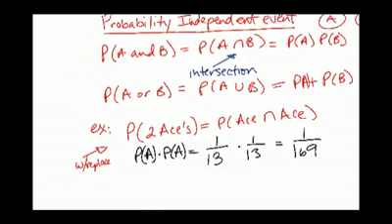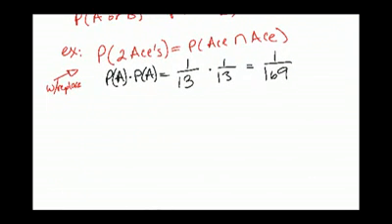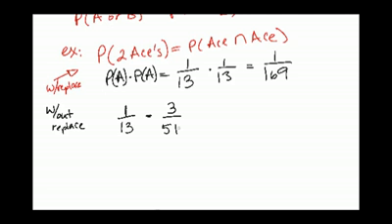Alright? Now, if I didn't replace it, what would happen is we would have the first probability be 1 out of 13 because there's 4 aces in the deck, but then the next one would be what? 3 out of 51 cards left in the deck.